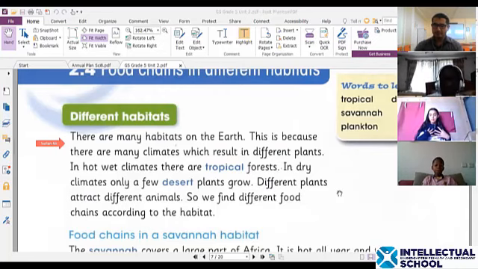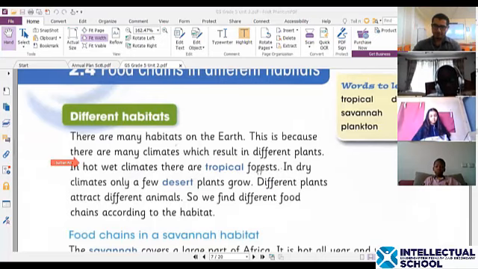It's the area where they live for their whole life, where they spend their life and produce children. That is their habitat. Like Kevnath said, for the fish we have water, oceans, sea. For birds we have trees. For cheetah or lion, we have the jungle. So these are all different habitats of different animals.